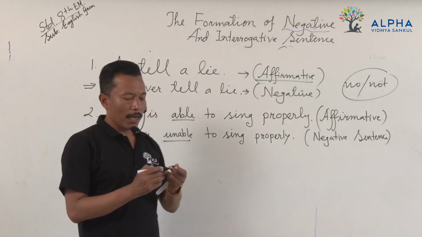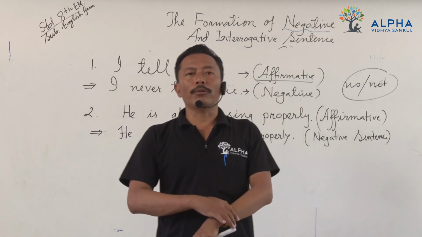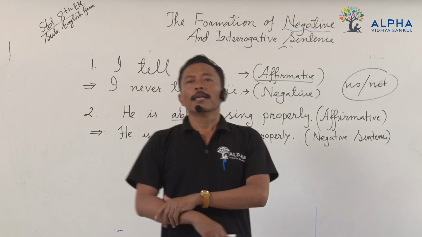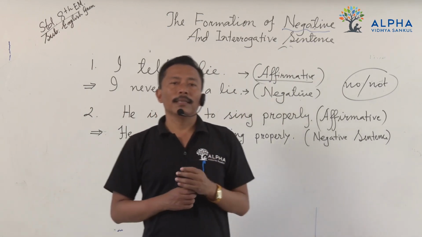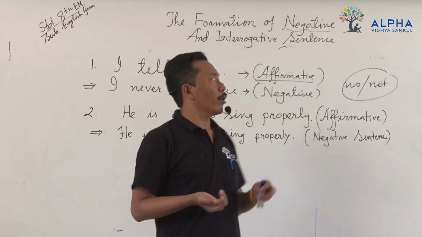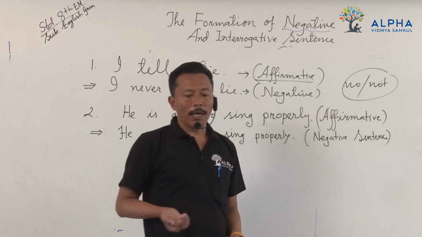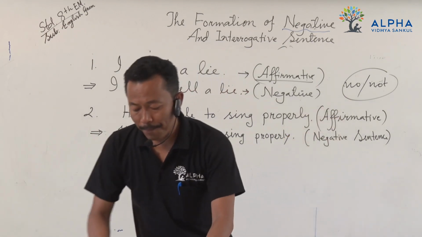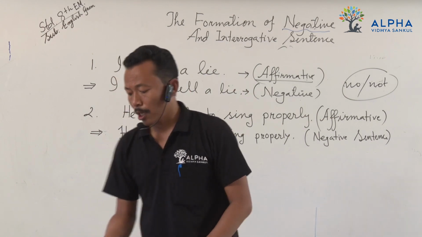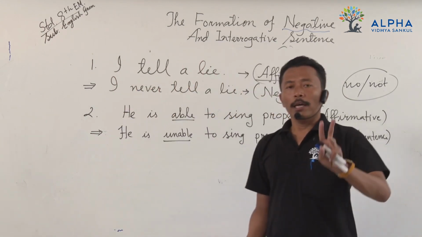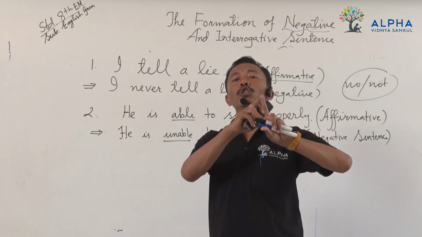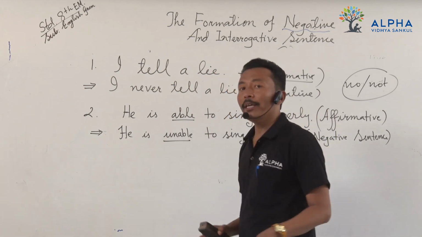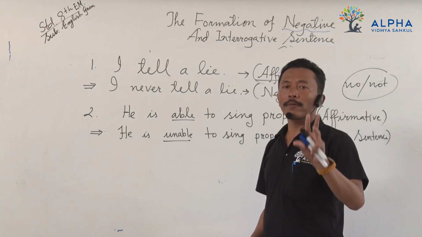Okay. But students, I explain you about that. For the formation of the negative sentence, we use what? Not or no. And not just after the auxiliary verbs. Do you know? There are two tenses having no auxiliary verbs.